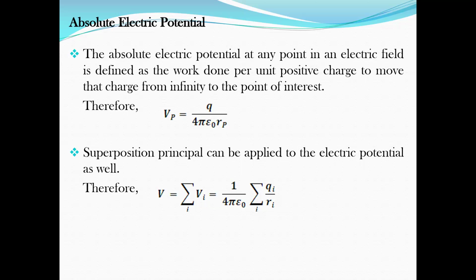Then the superposition principle can also apply to the electric potential. We can take the summation, 1 over 4 pi epsilon naught as k, Q over R. If there is 1 point charge and 2 point charges, we can find the total electric potential due to the particles, right?